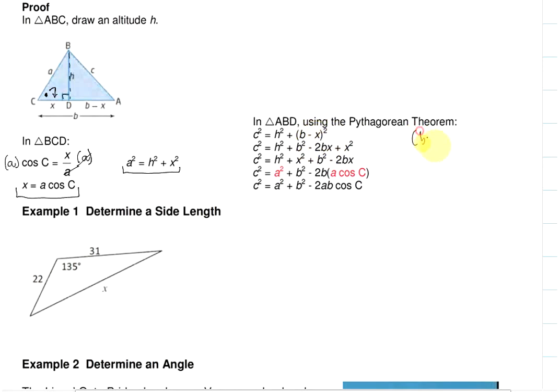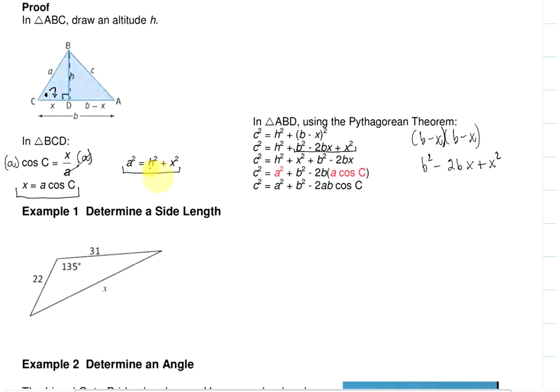So I'm going to go (b minus x) times (b minus x), and I'm going to get b squared minus 2bx plus x squared. Okay, so that's what this is. Then I'm going to go over to the left again, and see if I can do some substitution.